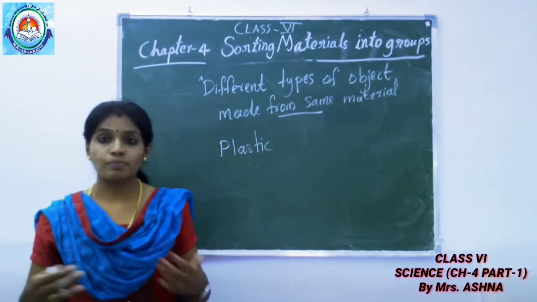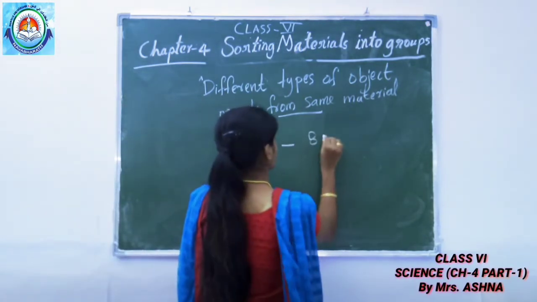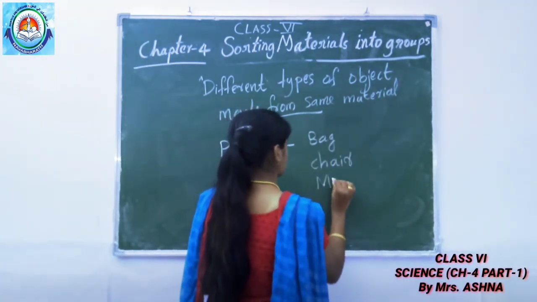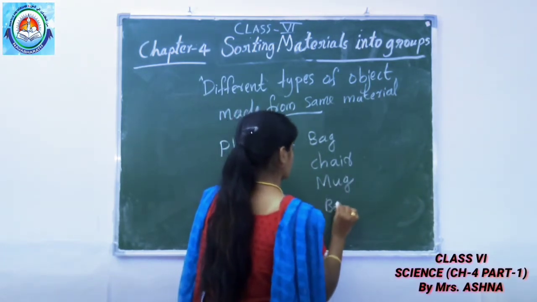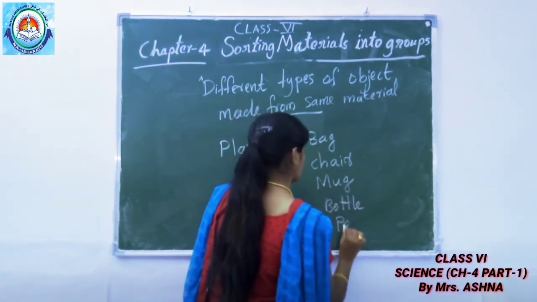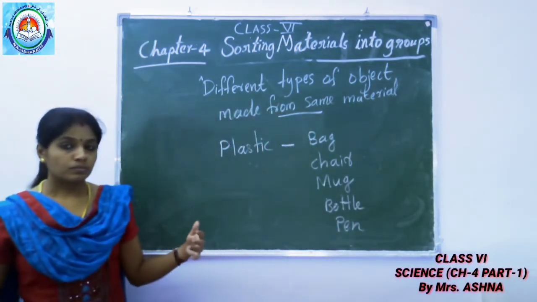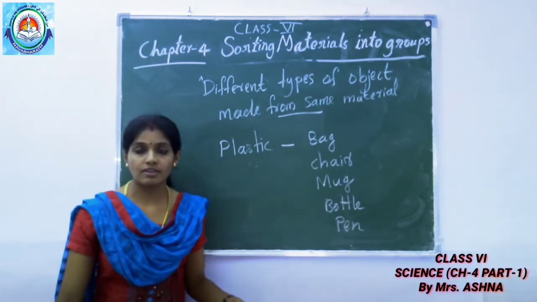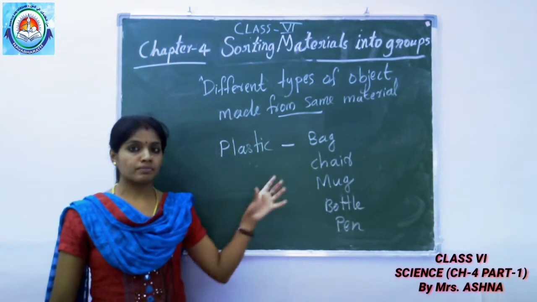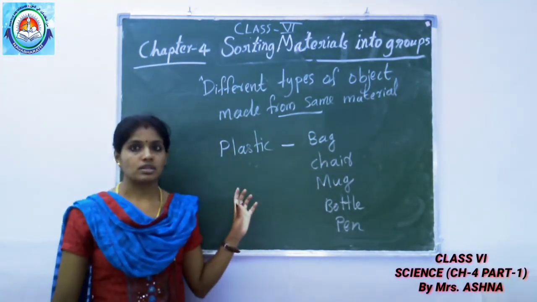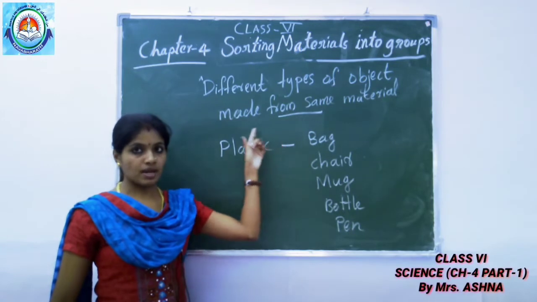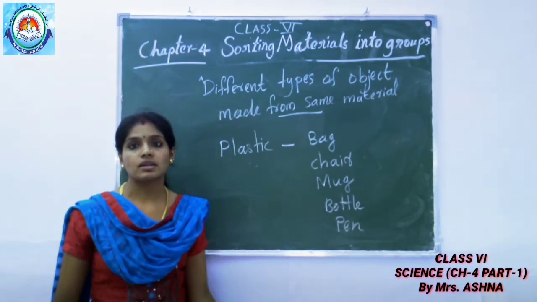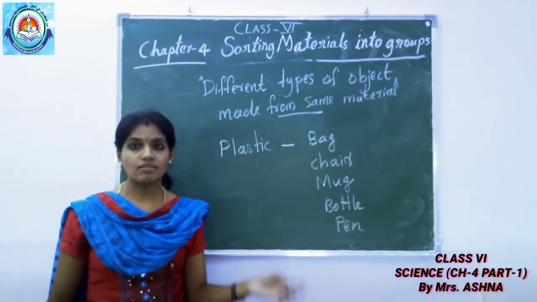Plastic is used to make bag, chair, mug, bottle, pen. Okay, enough. Lot of things are there. So here we wrote five things. Okay, 5 objects we can make by using plastic, isn't it? One material. Plastic is a material. Plastic is used to make these objects. Understood there?